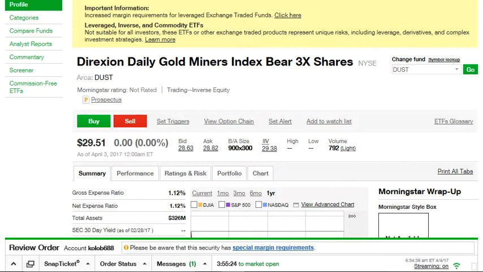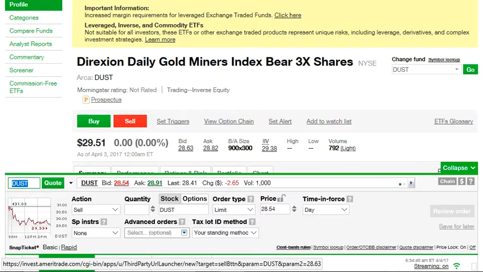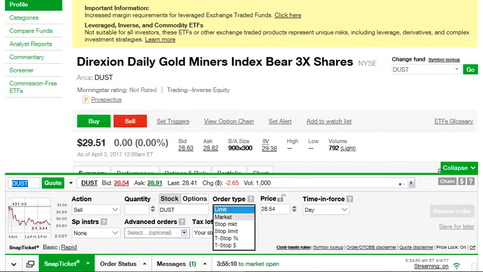Now, let's say you own the 100 shares at $29.51 and you want to set up a stop loss order, at $28. So you go here to the order type, and you see you have four choices: stop market, stop limit, trailing stop percent, and trailing stop money.